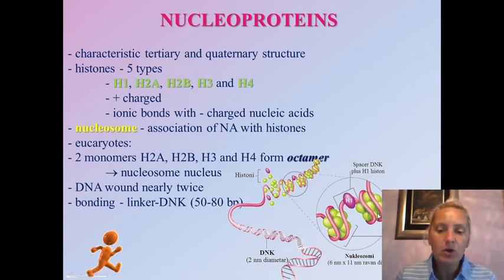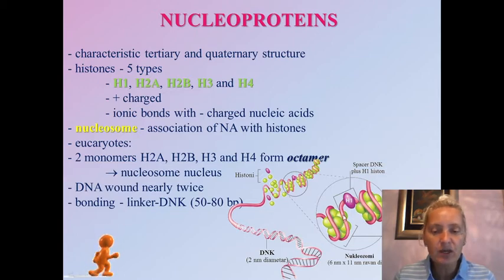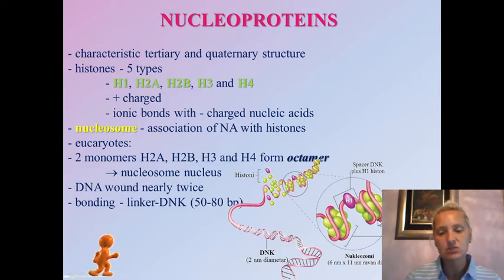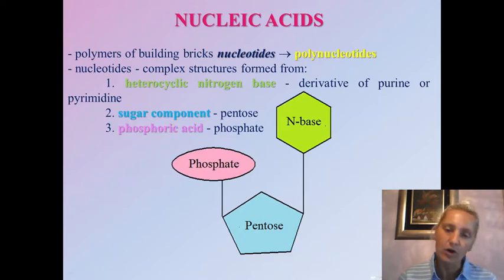So two monomers plus linker DNA and H1 histone tend to form a nucleosome. Each nucleosome consists of two monomers, each monomer of eight histones forming an octamer, and two folds of DNA strand. Let's move on.